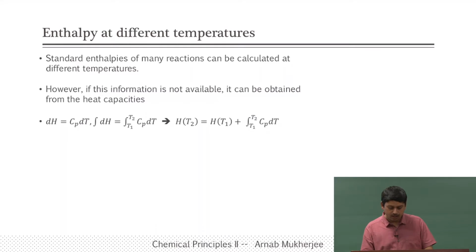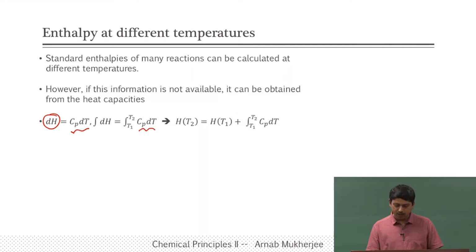Let us say we already know that dH is Cp dT. Which means that by integrating this quantity we are going to get the enthalpy at a different temperature. For any system we can heat it up, and depending on its own heat capacity we are going to get the change in enthalpy from one temperature to another temperature.